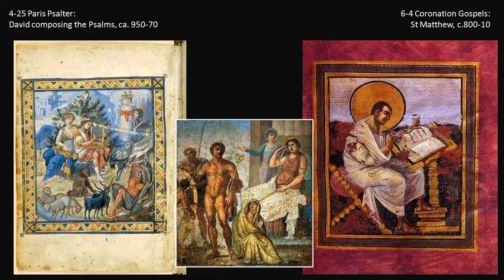And that is a conscious return to the art style of ancient Rome. That's why I brought in this wall fresco from Pompeii, which of course our painter didn't know because it was covered up in ash, right? But they were looking back at other Roman works to inspire them.